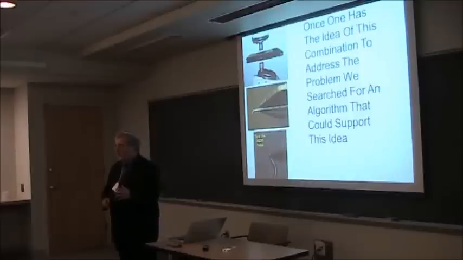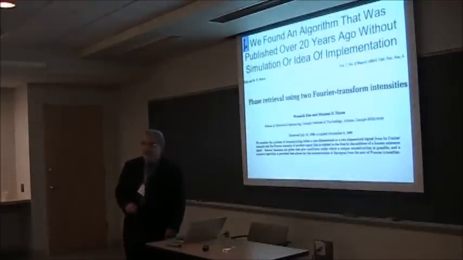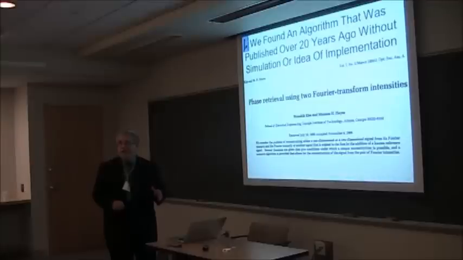If not, I'm leaving your group, okay? So we said, fine, that's no problem, okay? And one day she comes back with this paper, okay? And this paper is a paper published in 1990, basically not referred to for 20 years, okay?